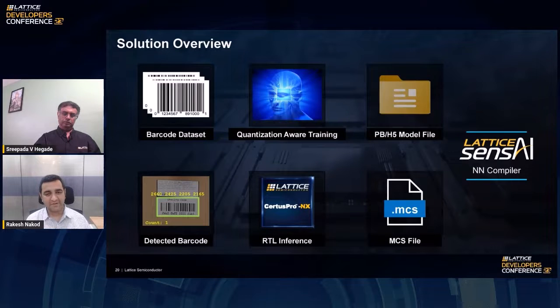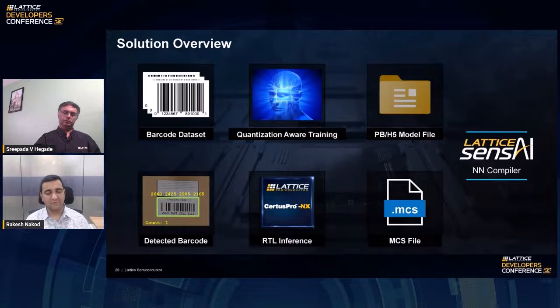The job of the compiler, as mentioned previously by Shripad, is to convert your trained AI models into compatible AI models that will run on our Lattice hardware. These models carry the extension .mcs. So the compiler's output for a given .pb or .h5 file will be an .mcs file.